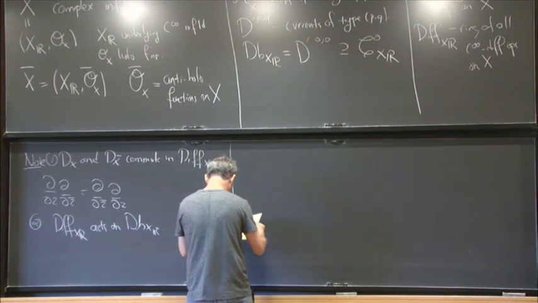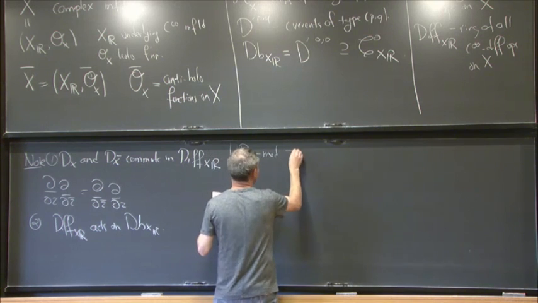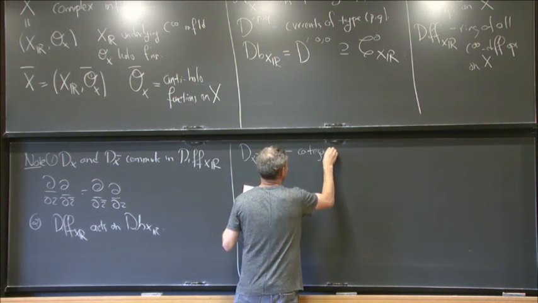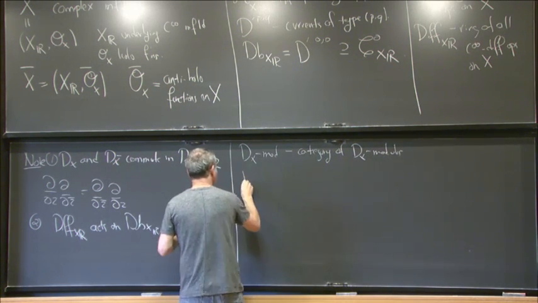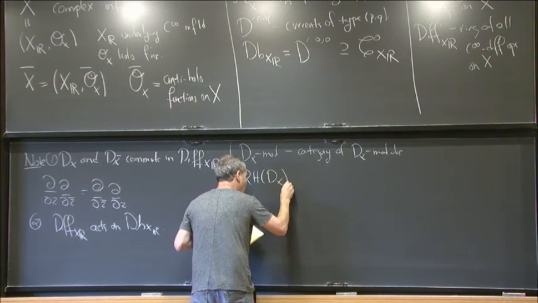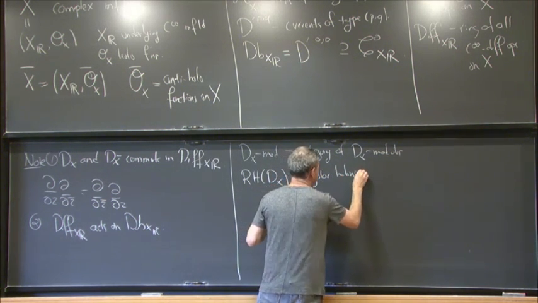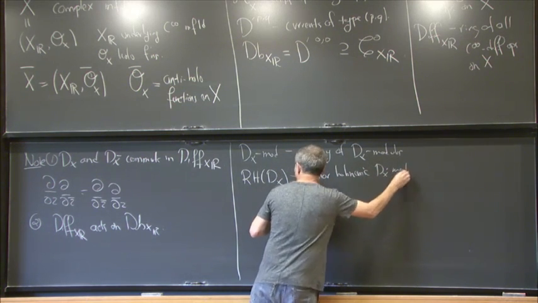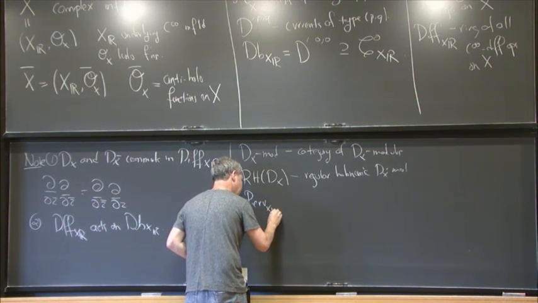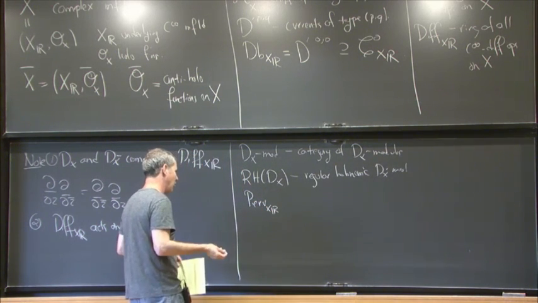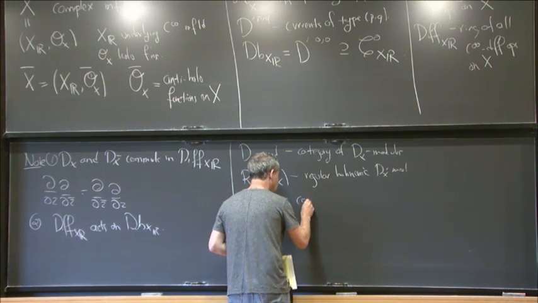Now we have all these categories. We have D_X-mod, the category of D-modules. Among these we have some good ones: RH(D_X), the regular holonomic D-modules. And we have the category of perverse sheaves, Perv(X_R). It doesn't really play a role in what I'm saying, but maybe motivationally it does.